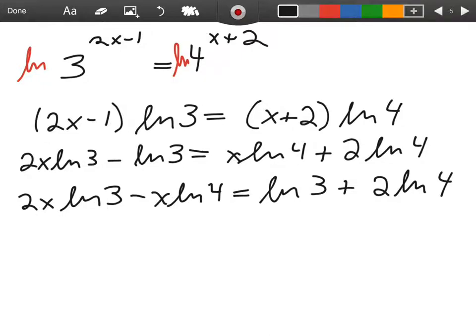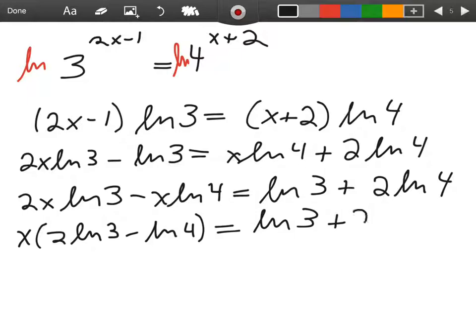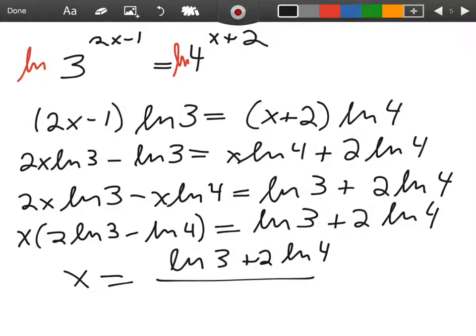Okay, so if I factor out a common factor of x on the left-hand side, I get this, and then I have isolated x so that I can divide by that whole quantity in parentheses and get the solution for x. And if I want the approximation for that, I can put that in the calculator and you get approximately 4.774.